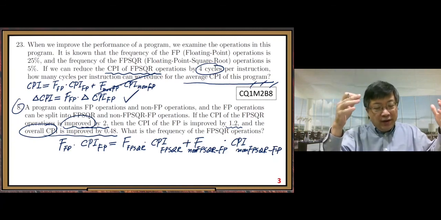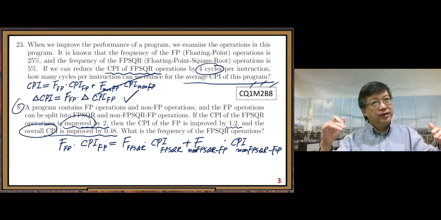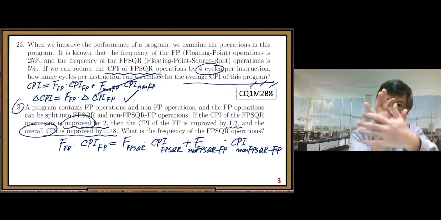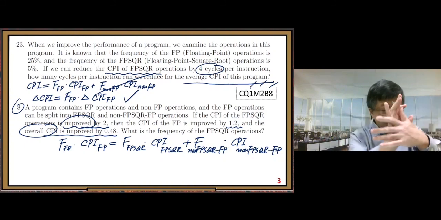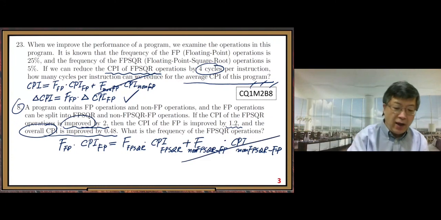Now, we need to write this equation for the old version and new version, look at the improvement, and take the difference. When we take the difference, the second term is gone. The frequency part has no change.